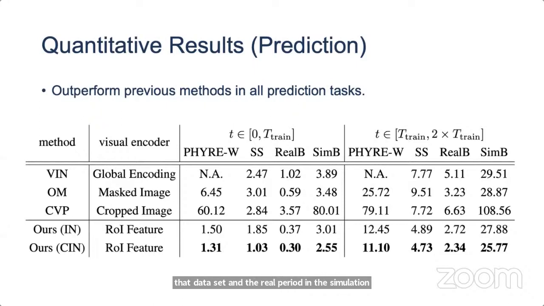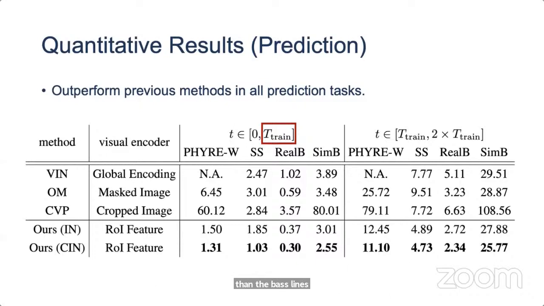We also find the convolutional interaction network is slightly better than the interaction network. T-train here means the time steps we use in training. At test time, we can apply our network recurrently to predict up to 2 times T-train steps into the future, and we consistently do better than the baselines in generalizing further into the future.